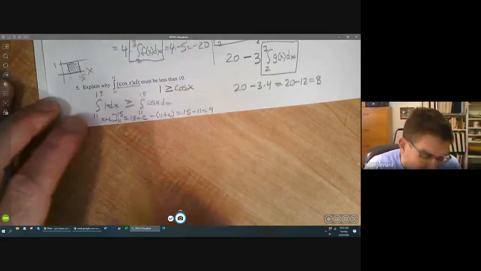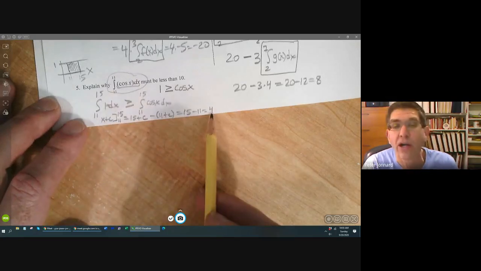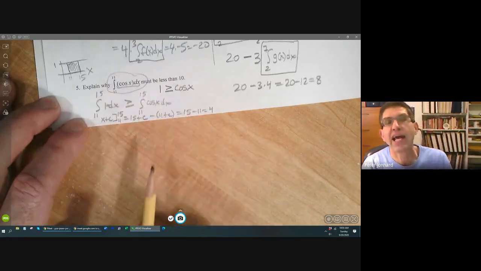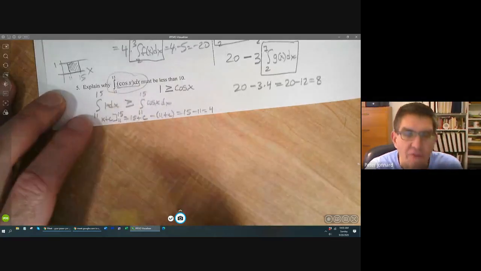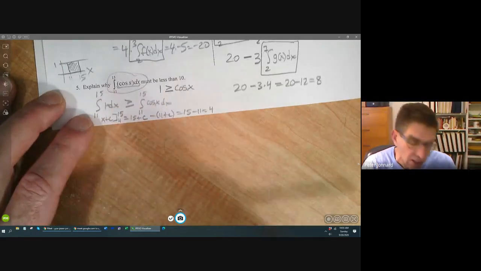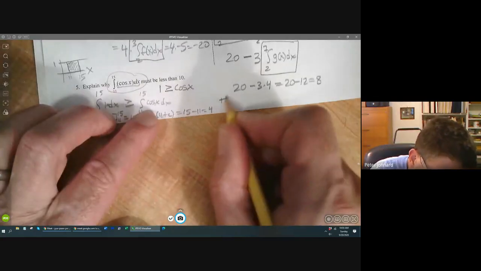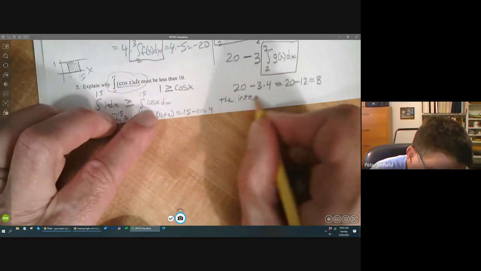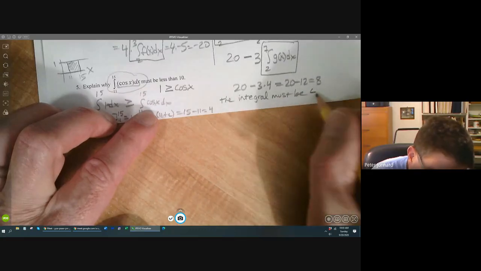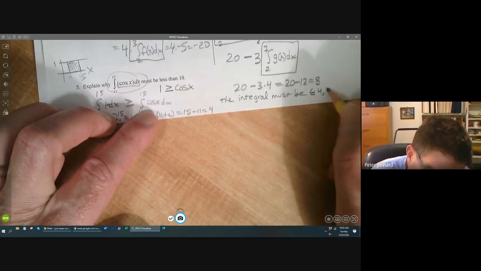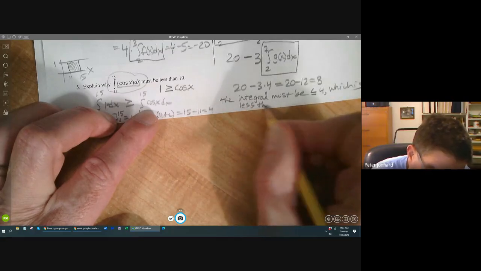So the biggest this integral could possibly be is 4, which is already less than 10. There's no way that integral could ever exceed 4. So the integral must be less than or equal to 4, which is less than 10.